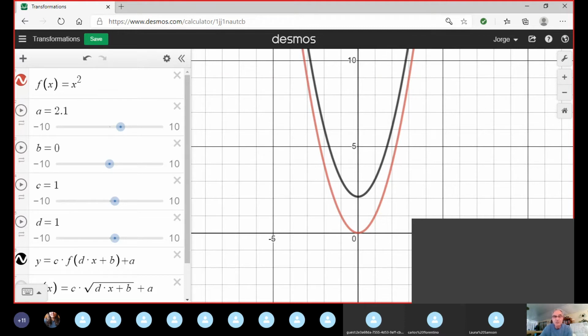But suppose the point at the beginning is x comma y, an arbitrary point, and when you do a transformation, the x stays the same, y changes, because this A is applied in y, not in x. So I don't add or subtract in x.